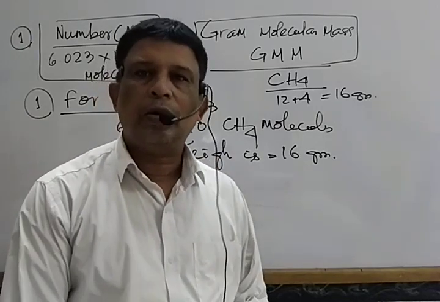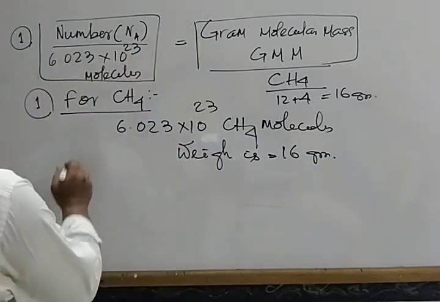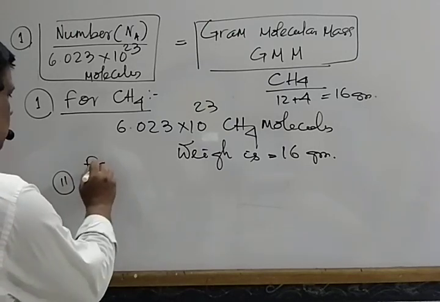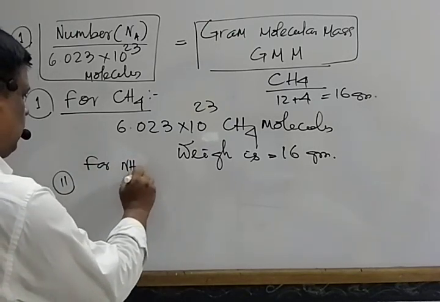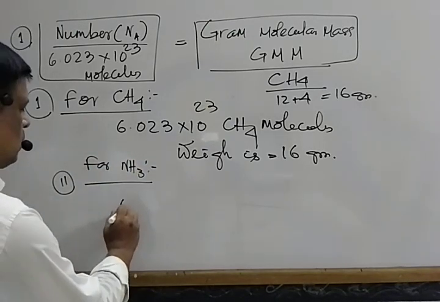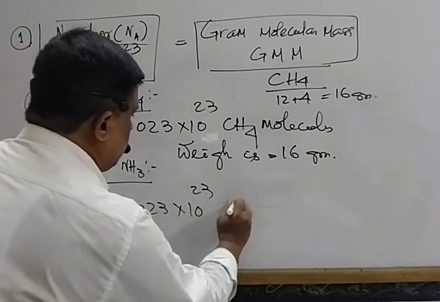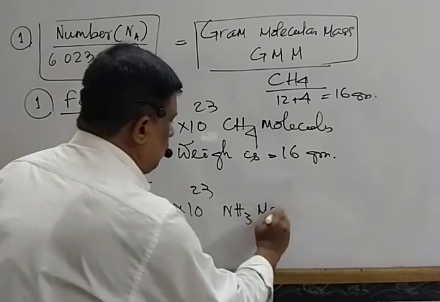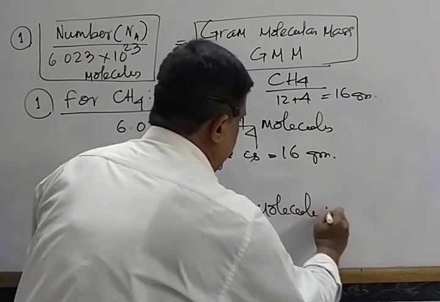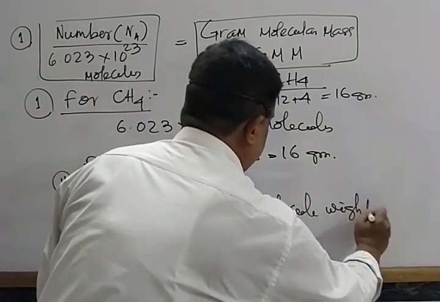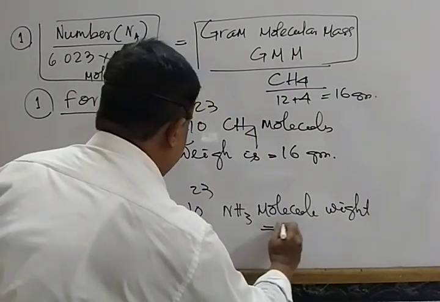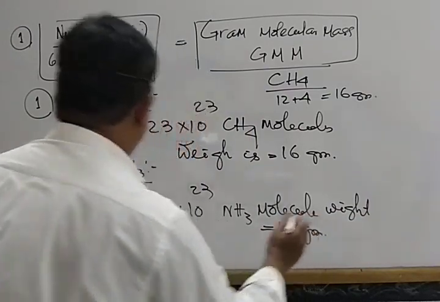If we select another one, that means second, for NH3, mark that, 6.023 into 10 to the power 23 NH3 molecules weigh 17 gram.